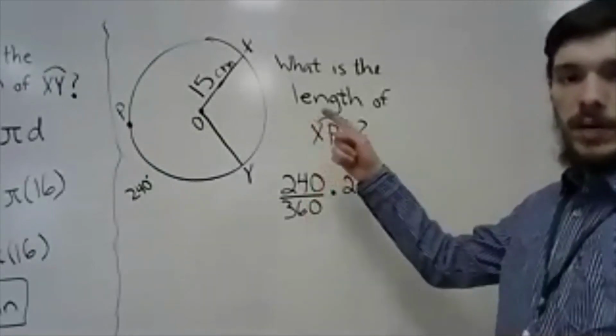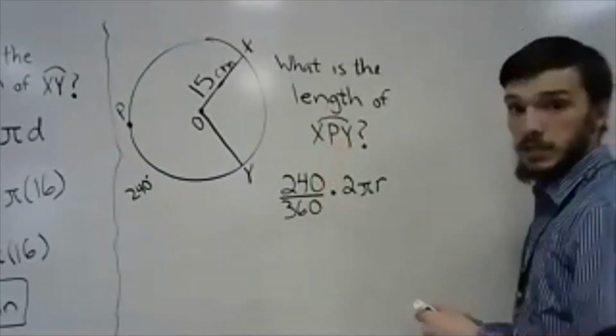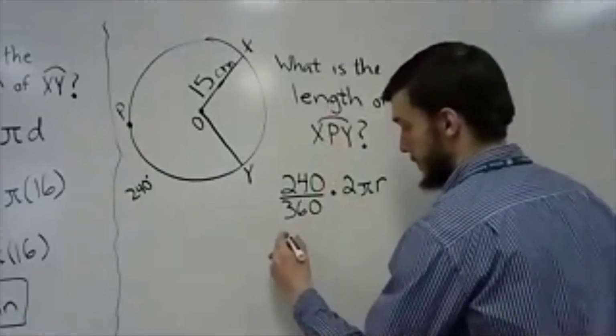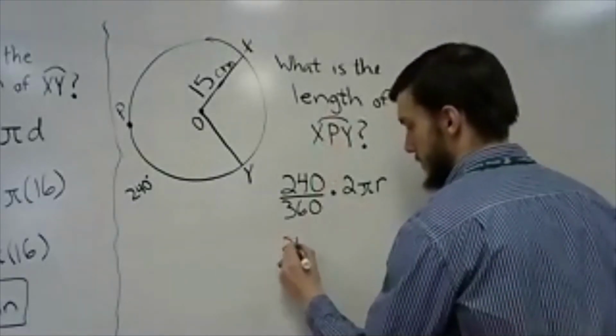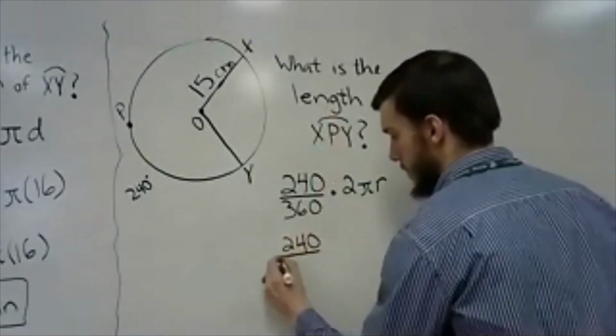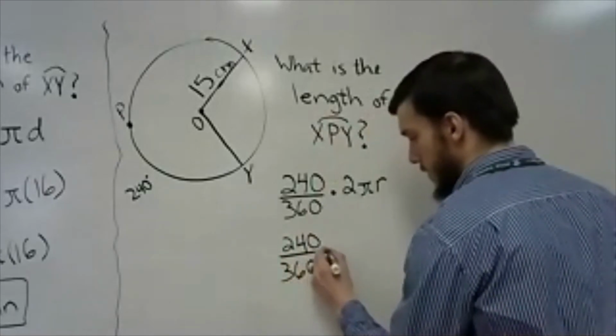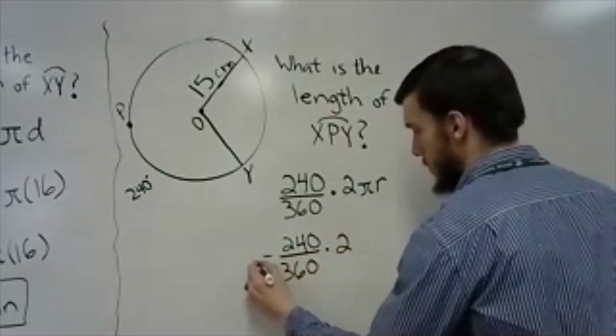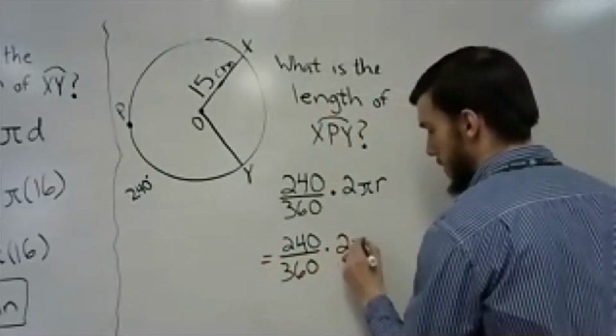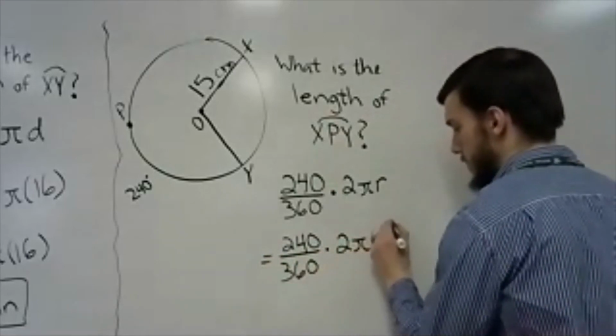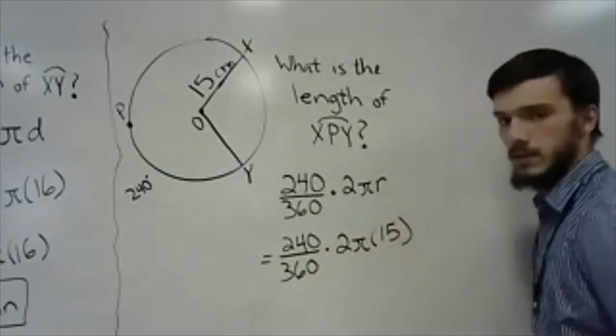And since we know our radius is 15 centimeters, we're just going to plug that in for r. Times 2 times pi times 15.